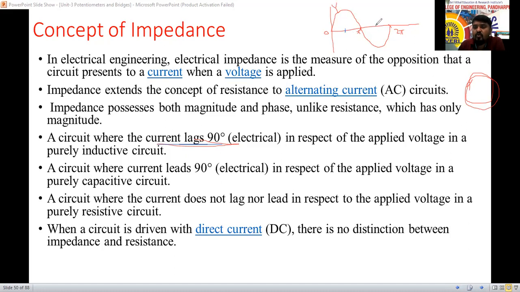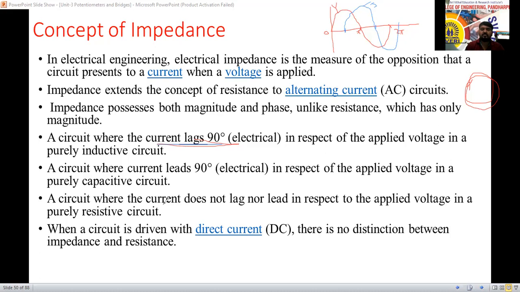So voltage starts from 0, and after 90 degrees the current will start to flow. We get the current waveform. So the current lags the voltage by 90 degrees for a pure inductive circuit. There will be no resistance and nothing else, only inductance.